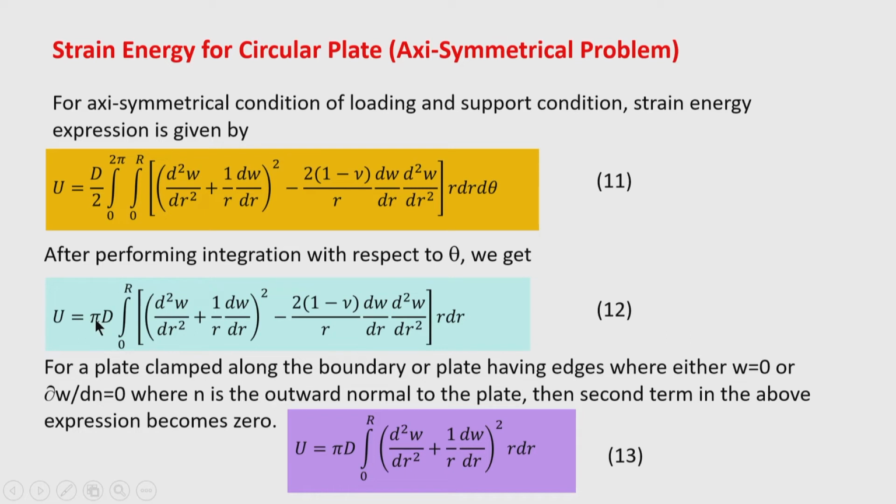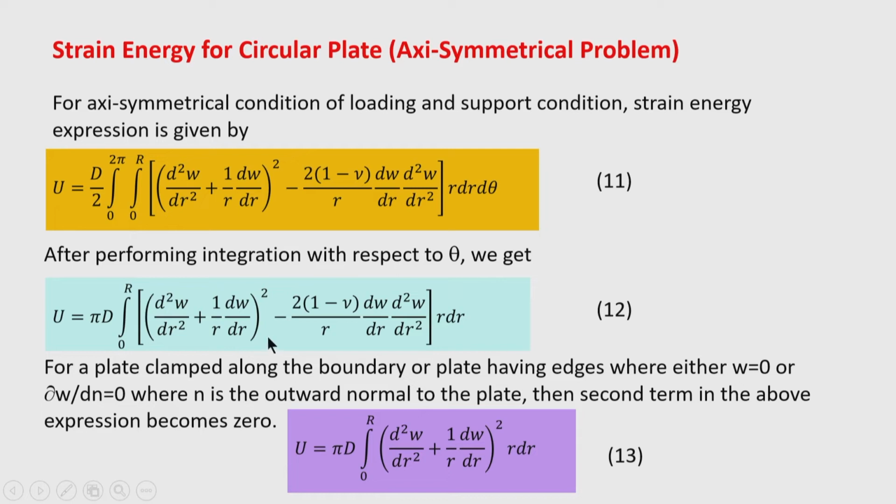as U = πD ∫ from 0 to R [(d²w/dr² + (1/r) dw/dr)² − 2(1 − μ)/r (dw/dr)(d²w/dr²)] r dr. Again, this simplification is possible when the boundary of the plate has either w equal to 0 or dw/dn equal to 0, where n is the outward normal to the plate.